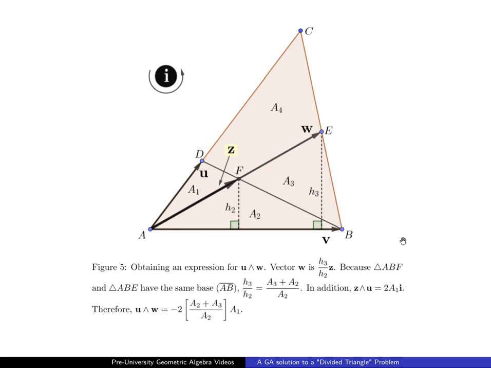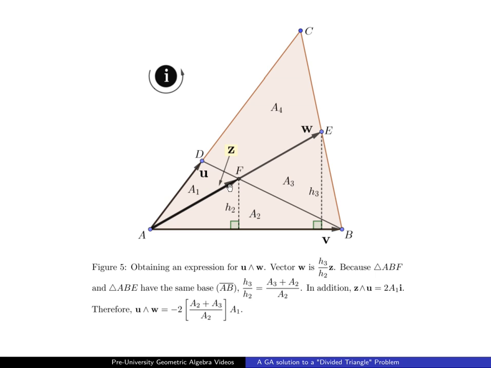Well, I'll let you read this for a few seconds. We know that w is h3 over h2 times vector z. And because the triangles ABF and ABE have the same base, which is AB, then h3 over h2 is a3 plus a2 over a2 itself.